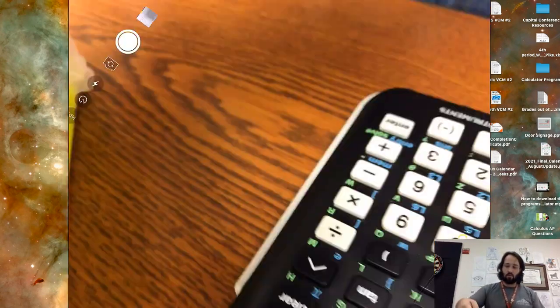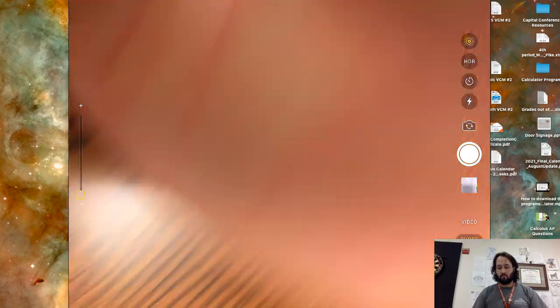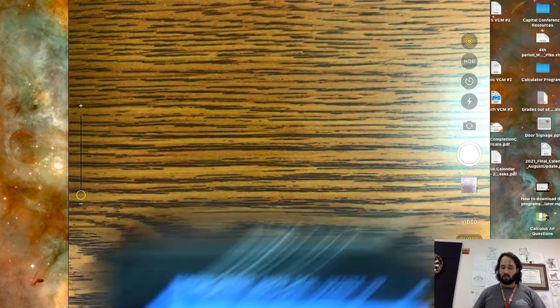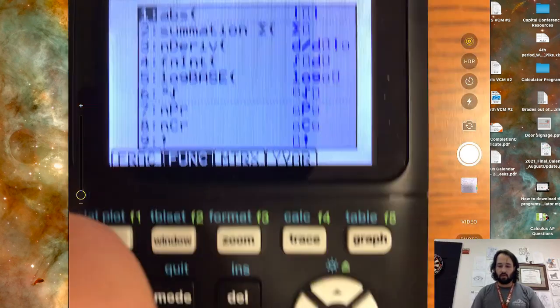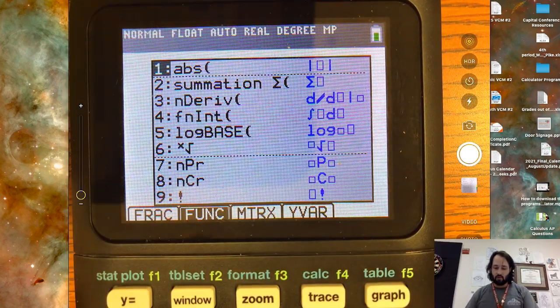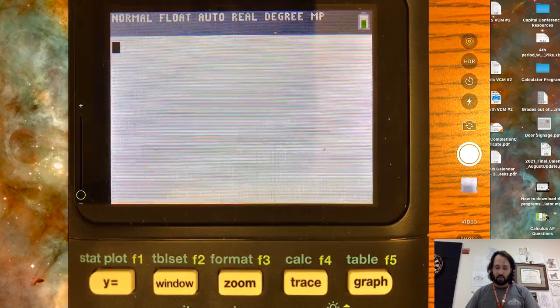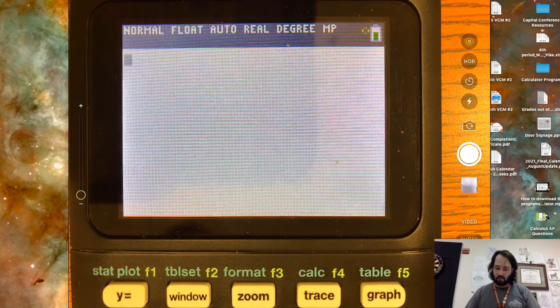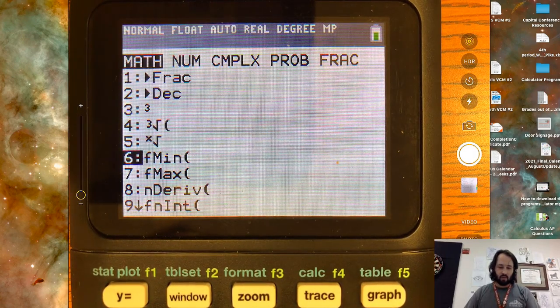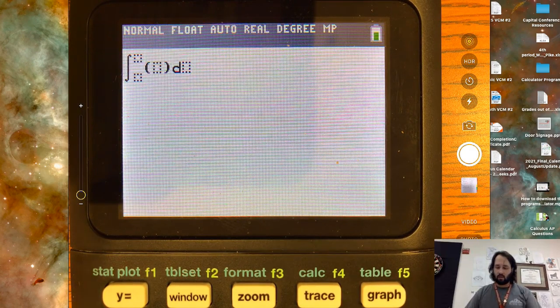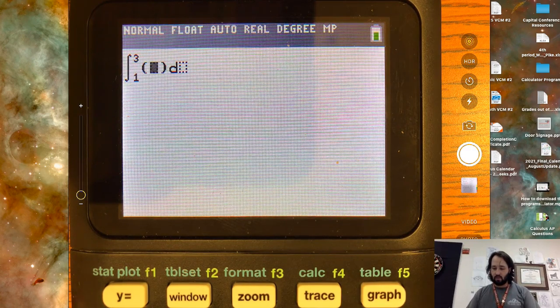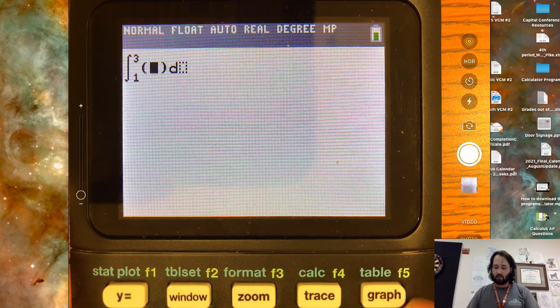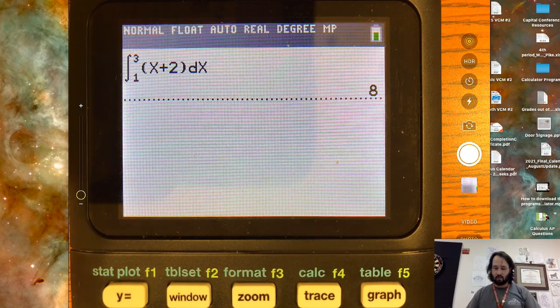All right, so what you can do is, under math, you have FN, functions, numeric derivative, or integral. Yours may or may not look like this, but it's from 1 to 3 of x plus 2 for dx, and it comes out to 8.